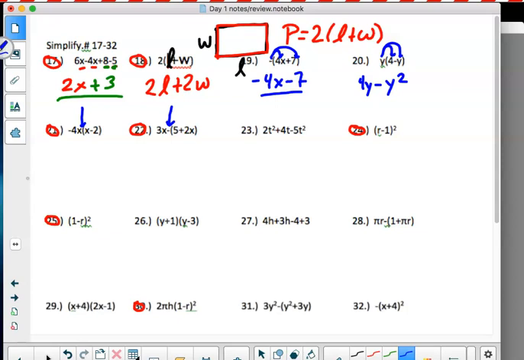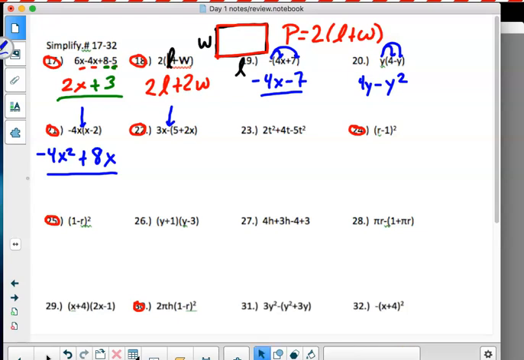There's a different way that we treat these because of how they are written. In 21, it's the distributive property. So I've got negative 4x squared plus, because it's negative 4 times negative 2, 8x. This is as much as I can simplify it until I know what the value of x is.